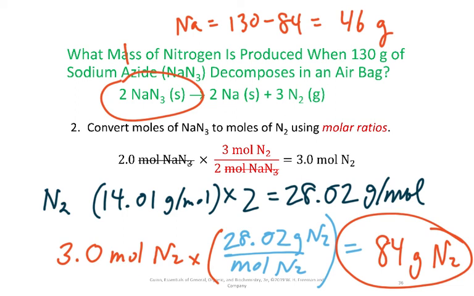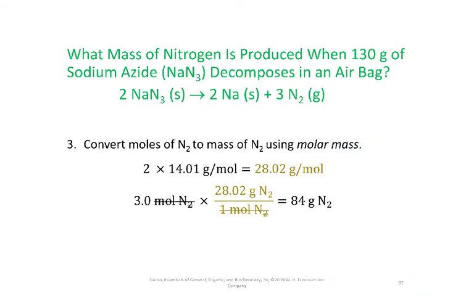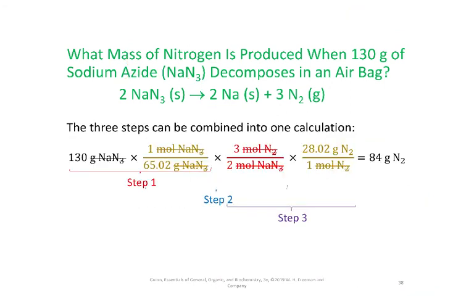Okay, so we took these as 3 separate steps, which is perfectly fine to do. But you may see that at each step, we used the answer to the previous step, right? And so we can actually combine all of these into one calculation where we can keep track of the steps.